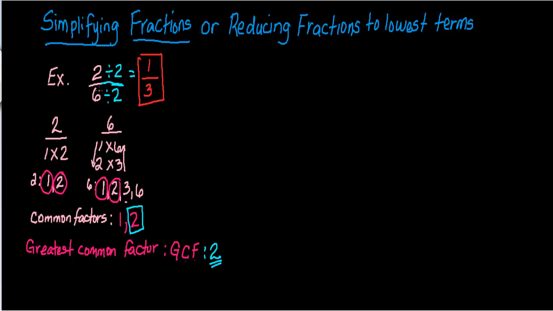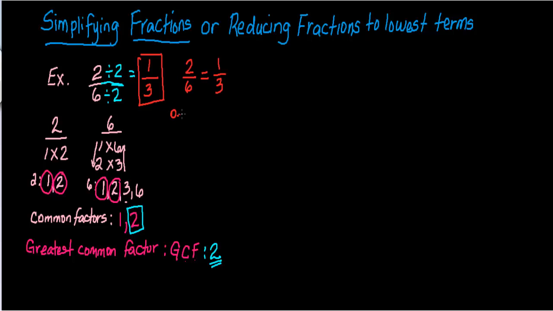And what this means is that 2 out of 6 is the same exact thing as 1 over 3. It's just dressed up differently. Okay? If you don't believe me, you can go ahead and grab a calculator and divide. 2 divided by 6, and you're going to get a decimal approximation.